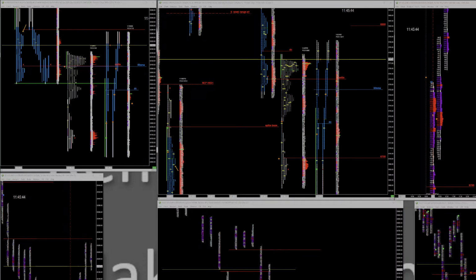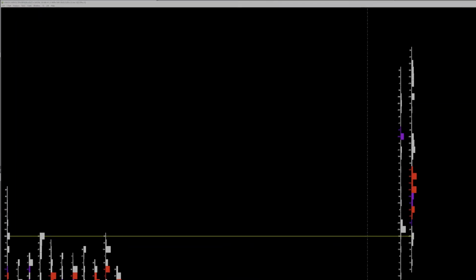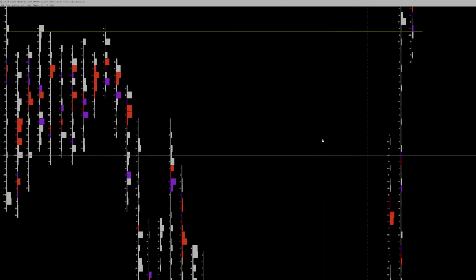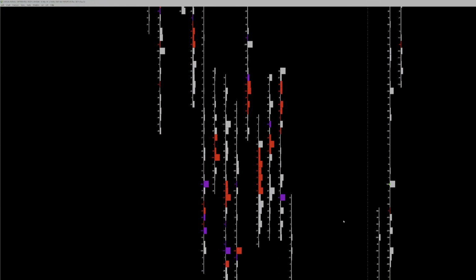All the bigger blocks were to the downside, and I have noticed that just the small ones were to the upside. But at one moment, the 10,000 volume came, which was down here.